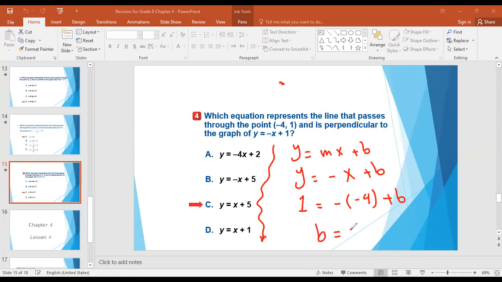Now we need to find b, so we add 4 to both sides, and finally 5 equals b. Then we put the value of b in the equation. So y equals 1x, but there's no need to write the 1, we can only write x. So y equals x plus 5, which is the correct answer.